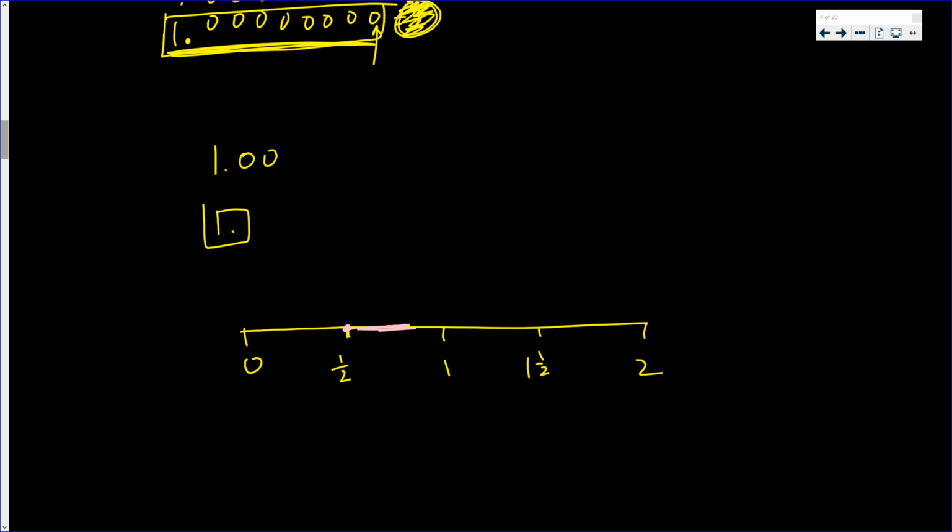If you're anywhere here, you round up to 1. In fact, anywhere from a half up to, but not including 1 1/2, you'd round to 1. All of these numbers. This means that whatever you measured is in between 0 and 1 1/2.